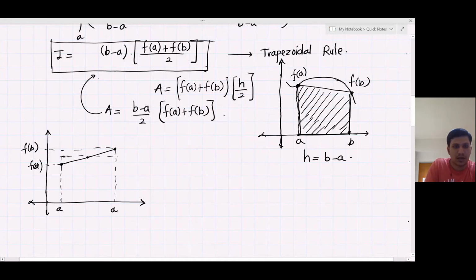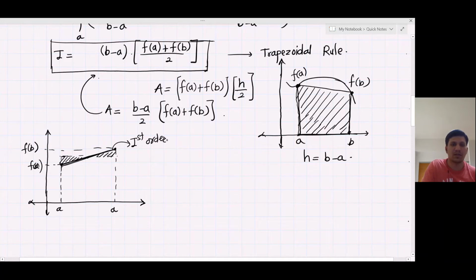At some part the area will be more, but in this case it cancels each other, and we get the actual area below this curve, which is accurate if the curve is first order.